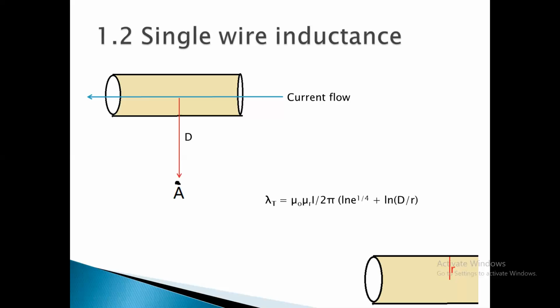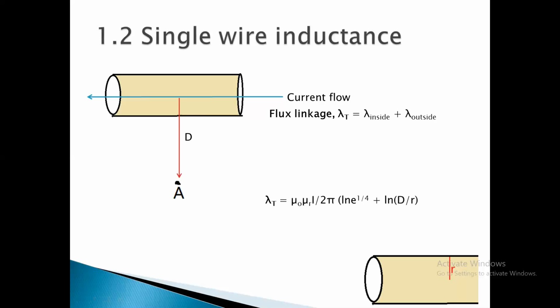We always indicate by D the distance between the line and the point where I want to find inductance. In this slide, I want to find inductance here, for example at this point A.